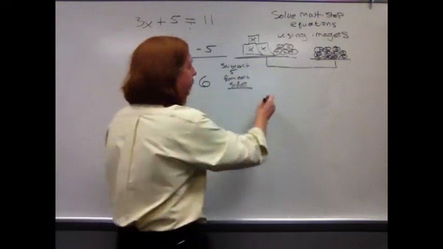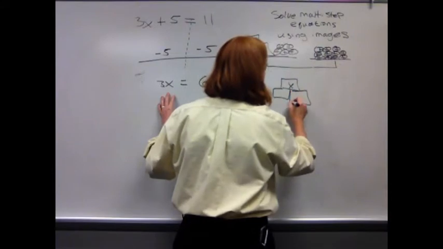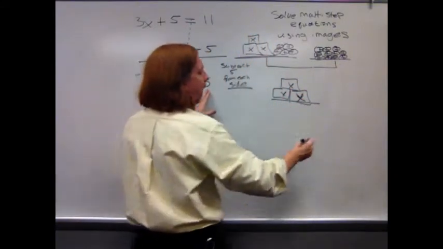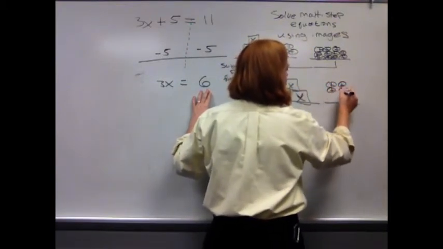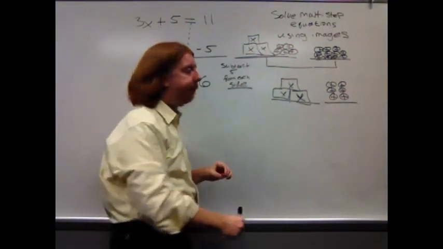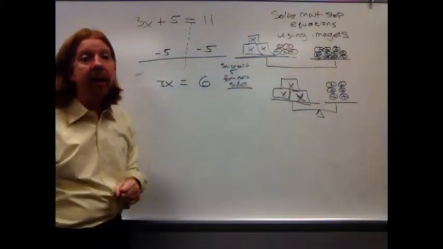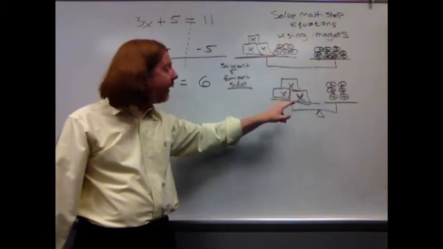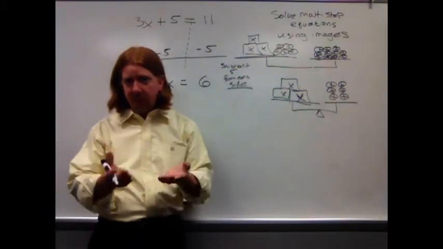So, I'm going to have 3 boxes on this side of the scale and 6 tokens on that side of the scale. And they're still currently balanced. As I look above, I can see where I've taken 5 away, and I'm continuing to keep this equation balanced.